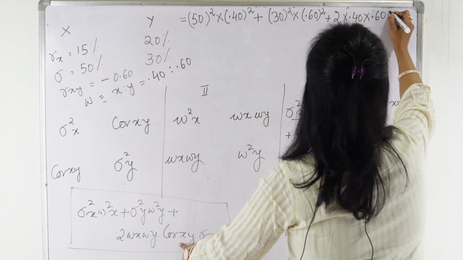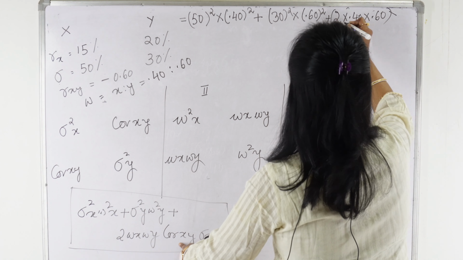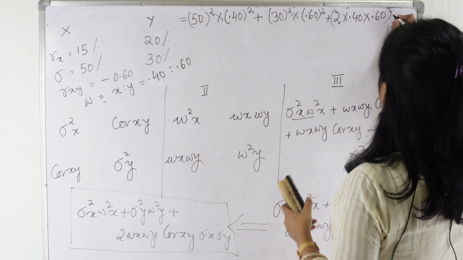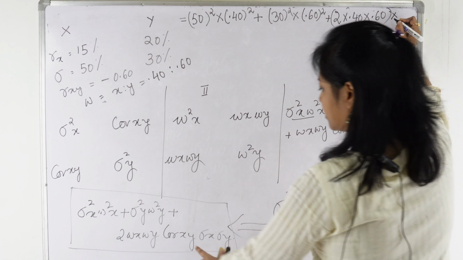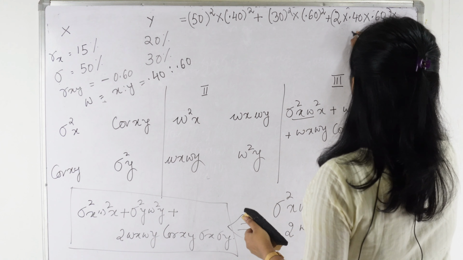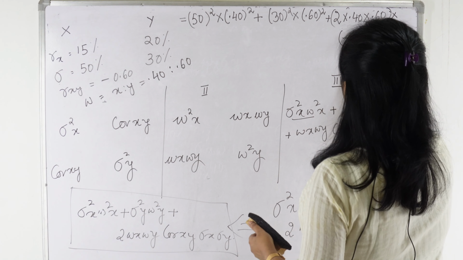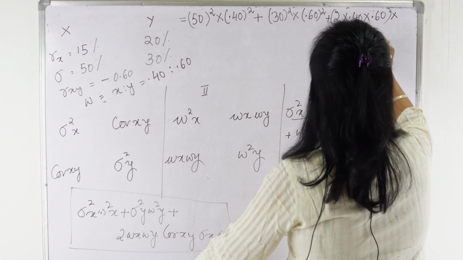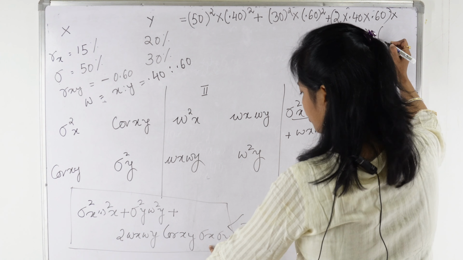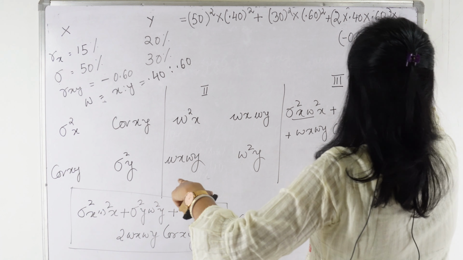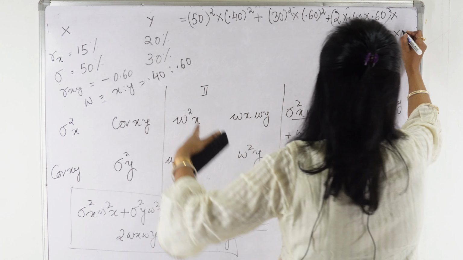With the correlation. So let me put brackets. What I have to do is multiply this with the correlation of xy. So correlation of xy is minus 0.60. So I am writing minus 0.60 and then multiplied with the standard deviation of x, which is 50, and standard deviation of y, which is 30.